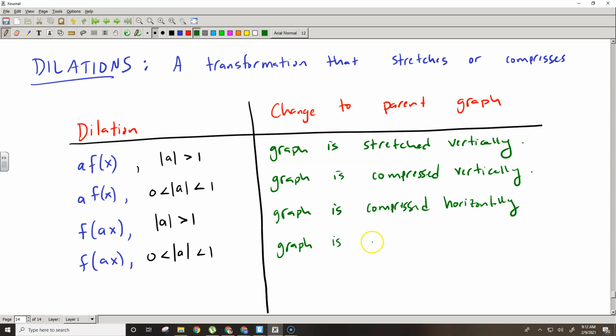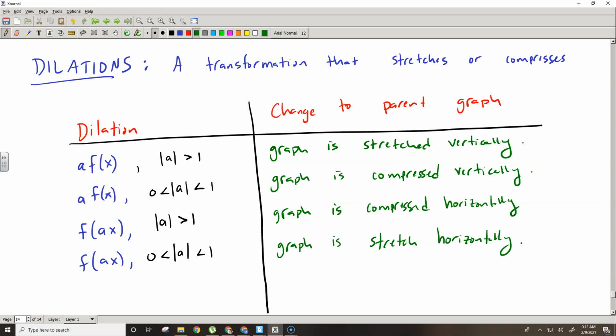And so we're going to say graph is stretched horizontally. Okay, so these are all of our dilation rules. I want you to write those down because we're going to come back to them as we examine functions. As we look at them, we'll refer back to these things.